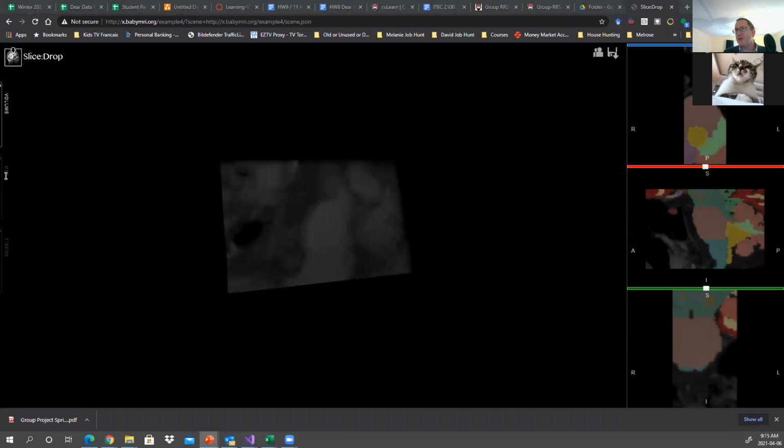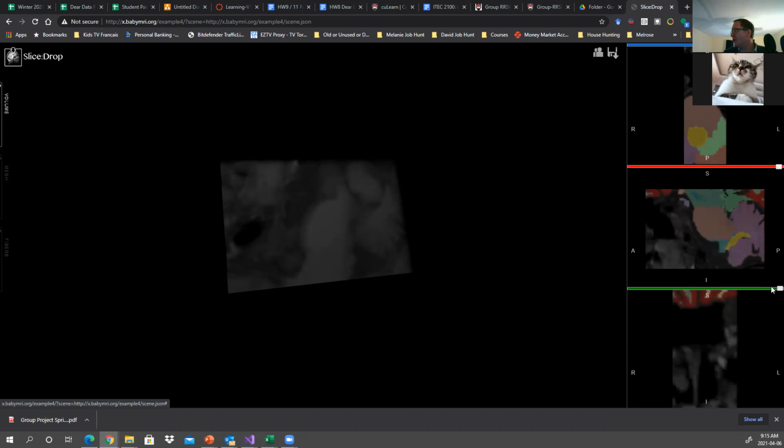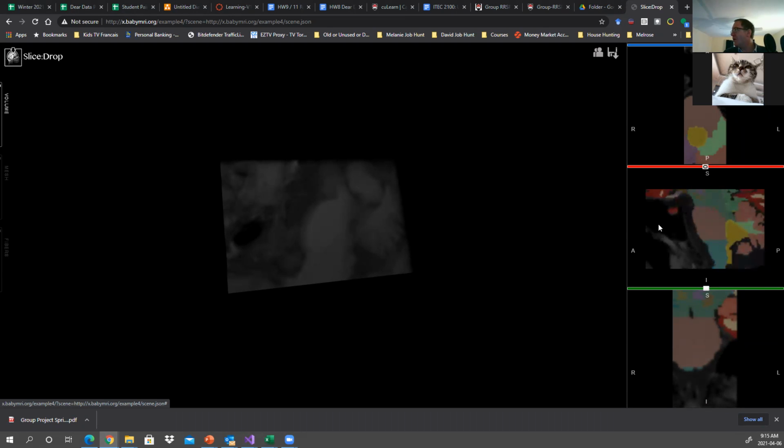What kind of mesh are we doing? Fibers. And here, faster.